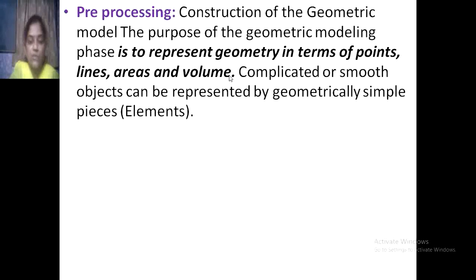What is pre-processing? It is the construction of the geometric model.